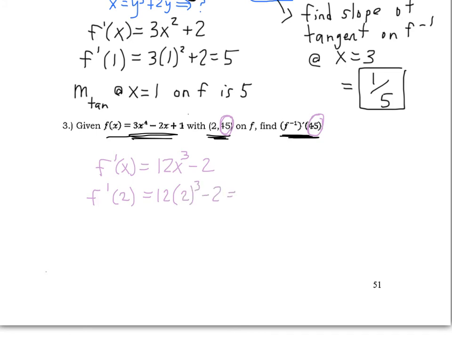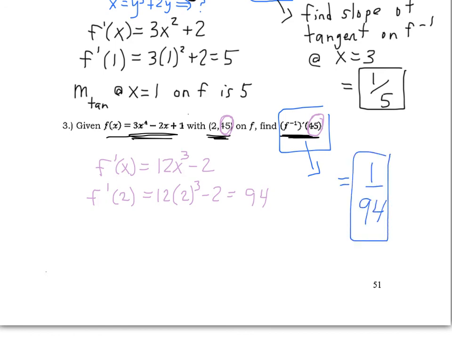So 12 times 8 minus 2 is going to give us 94. If we want to now find the derivative of the inverse at 45, it's just going to be the reciprocal, 1 over 94.